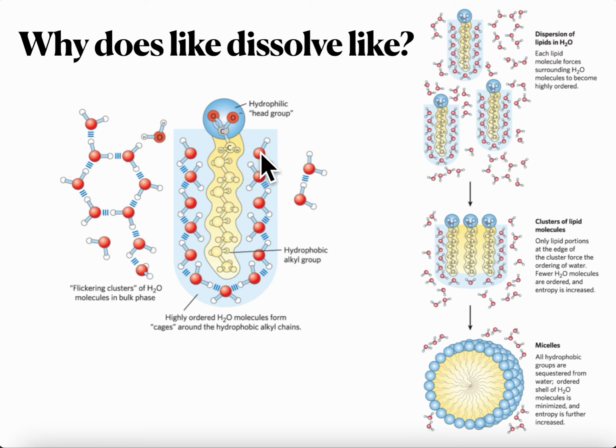Because of the hydrophobicity of the tail and the hydrophilicity of the water molecules, they form a cage-like structure around the tail, which is ordered. And this decreases the entropy of the system. If we zoom out and look at this image with more phospholipids, you'll see that there are multiple cages of water molecules that are highly ordered, thus decreasing the entropy of the system.